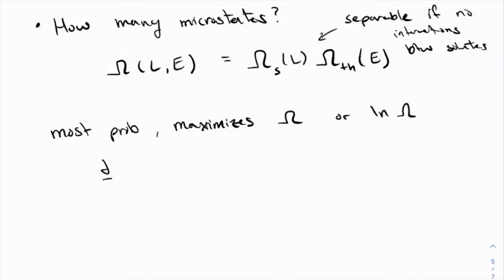So finding the most likely value of the position of the plug can be done by maximizing the number of microstates, or the log of the number of microstates with respect to L, which given our factorization is d log of the number of microstates associated with different partitionings in space and how it changes with L. It behooves us to use a log because then these derivatives are nice and simple. I have a product of terms. When I take the log, I get a sum, which when I then take the derivative, gives a sum of derivatives.